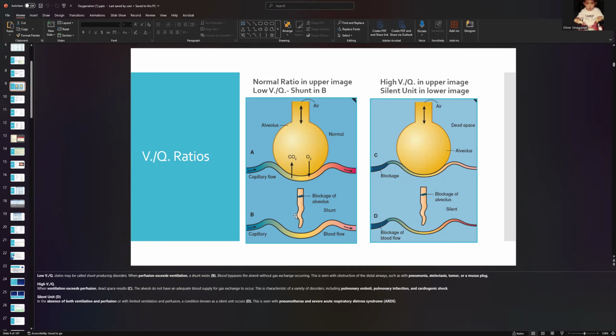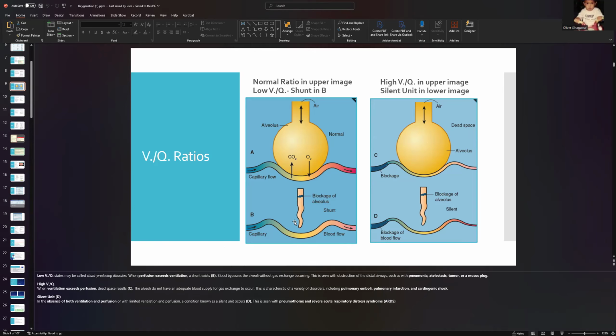In the high VQ or a dead space, there's blockage in the blood, in the capillary. Normally, blood flows, drops off CO2, picks up O2 because there's gas here, and then it just keeps going.